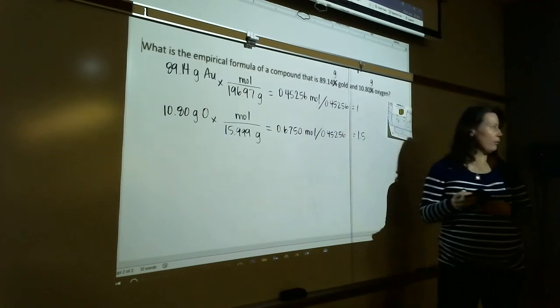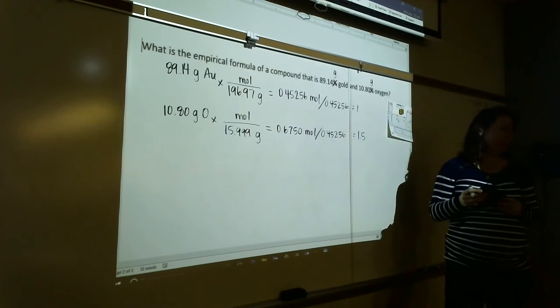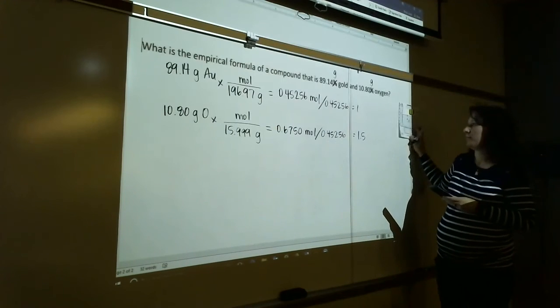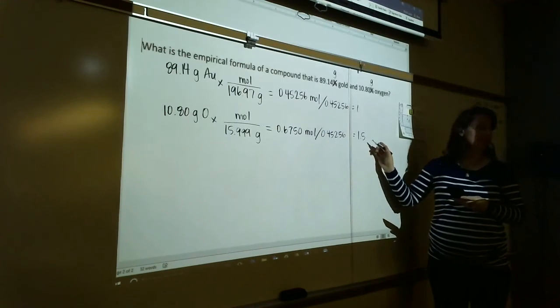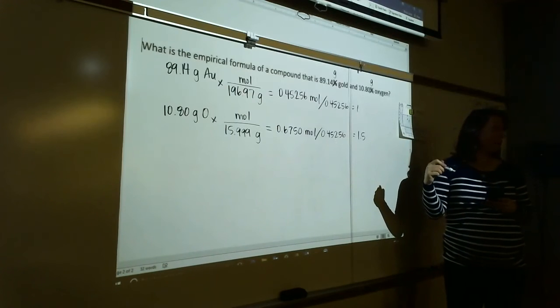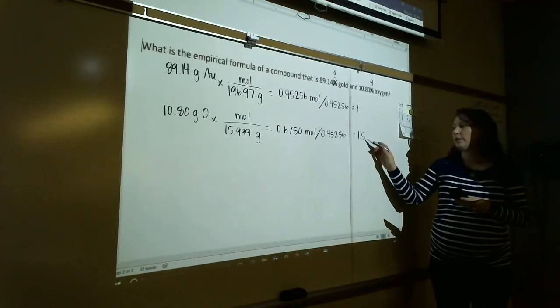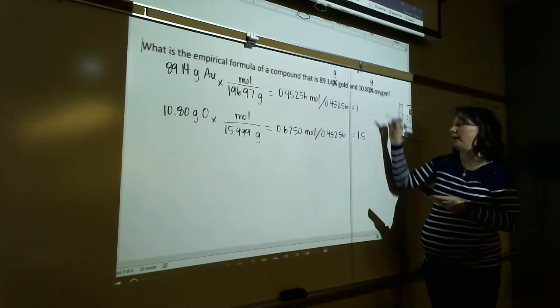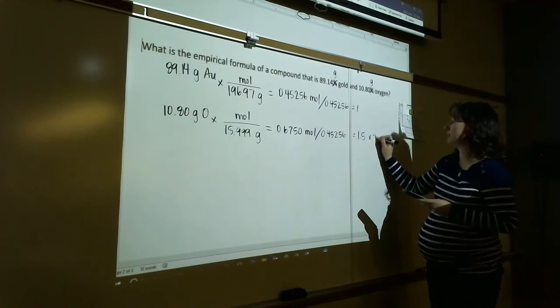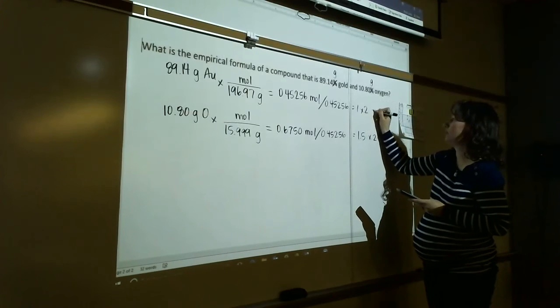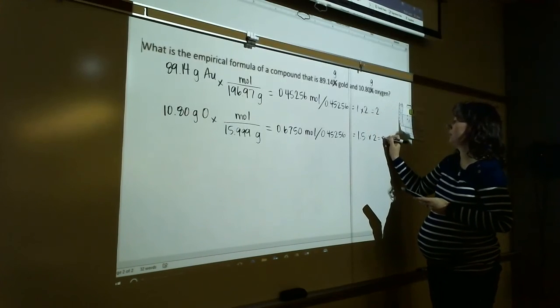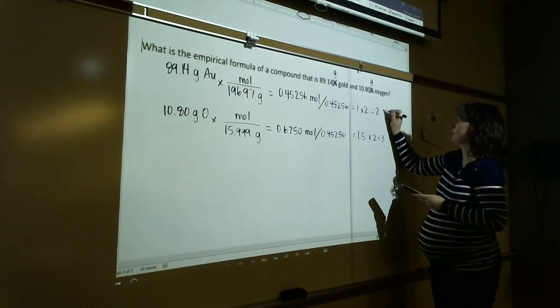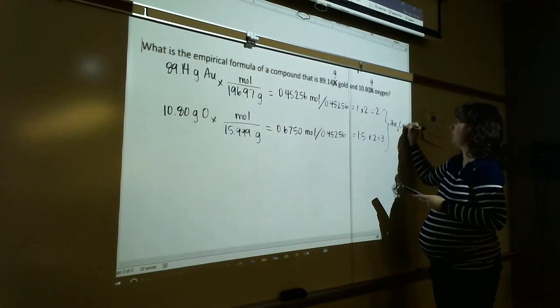Anytime you get that 1.49, you should call that 1.5. Because we're going to end up having to do the same thing we just did in the previous problem. Anytime you get a 0.5, even if it's just one of them, we have to double everybody. Times 2, times 2. So that gives me 2. That gives me 3. So that gives me Au2O3.